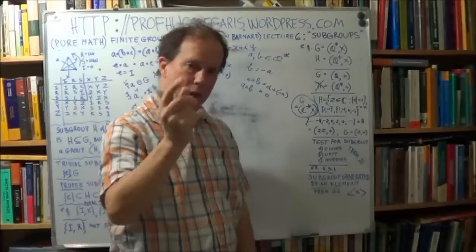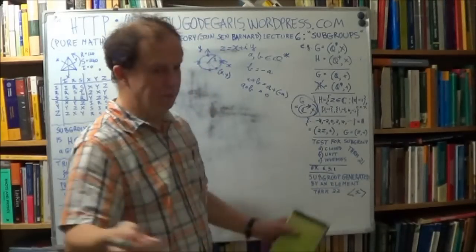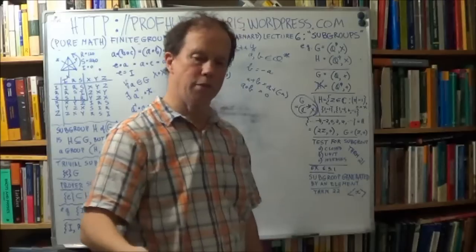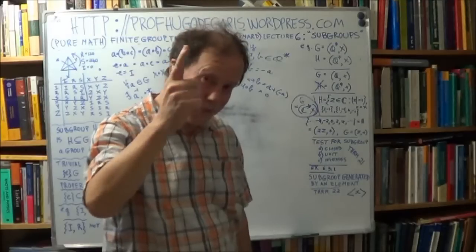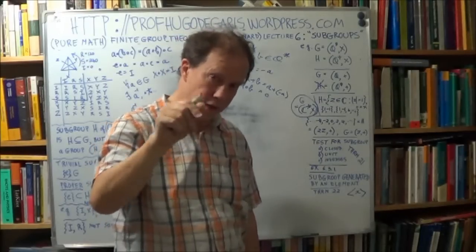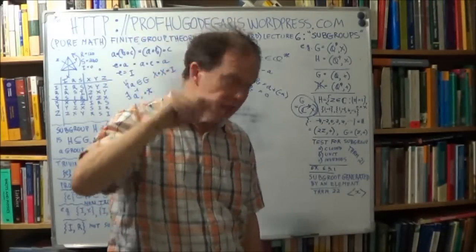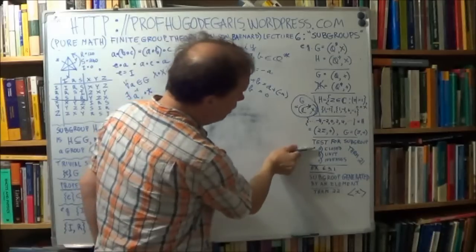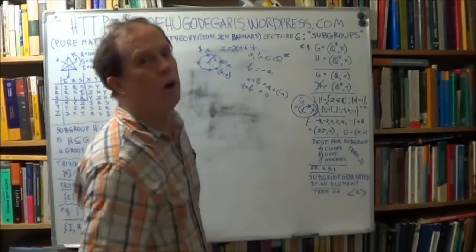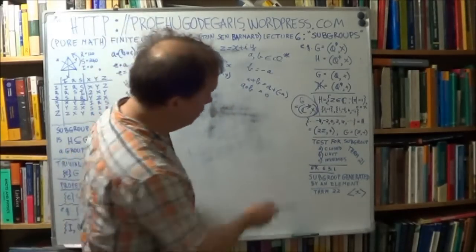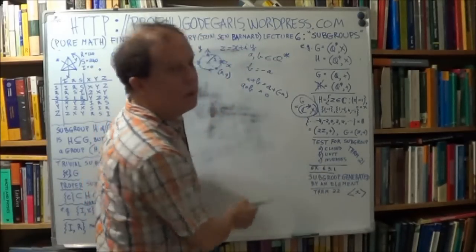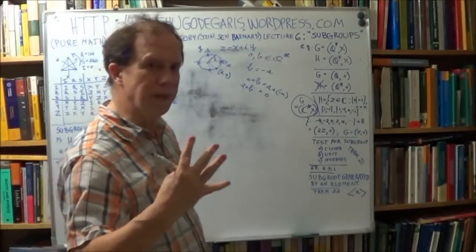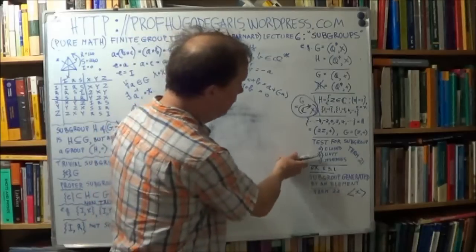So to prove that something's a subgroup, you just prove that it's a group using the same binary operator as your parent group, your G. But look, I've put here only three of those four. You've got closed, the unit, and the inverses. So one of those four is missing. Which one? Associativity.